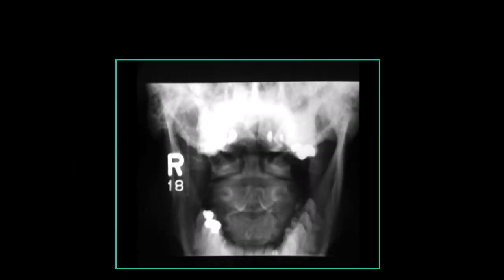Mouth odontoid view. First of all, let's take a look, and here is C2. Next, we're looking at the lateral masses, or the ring of C1 that surrounds C2. The area above is not a fracture, it is very simply the teeth and the difference between the two front teeth. Make sure that the two front teeth are not projected over the lateral masses of C1.